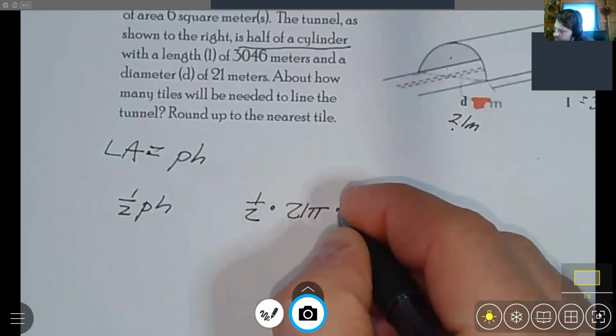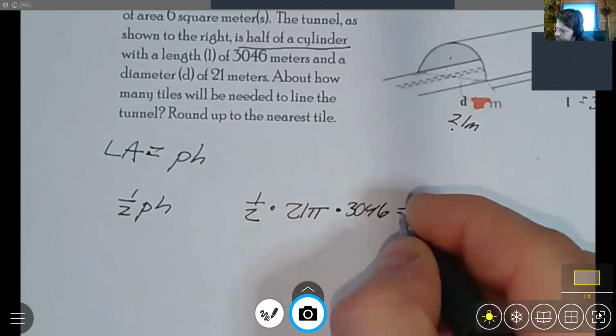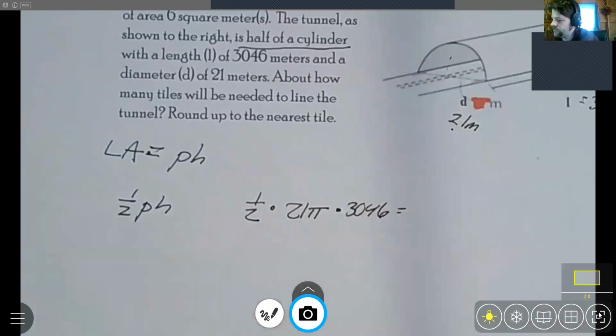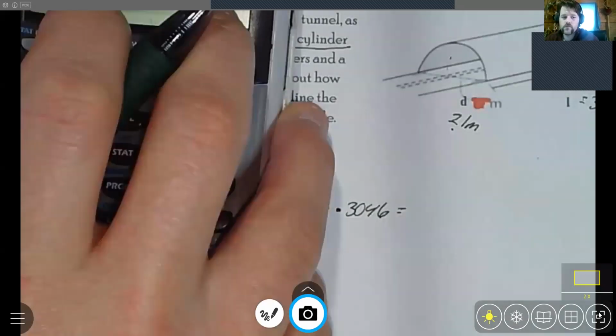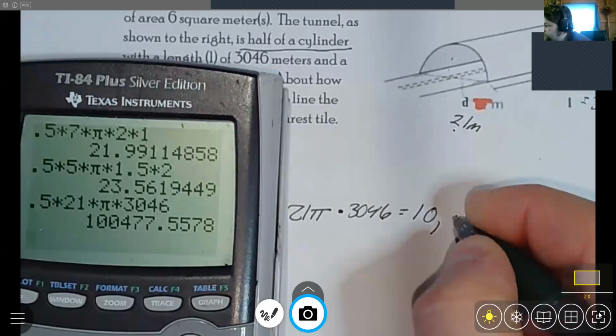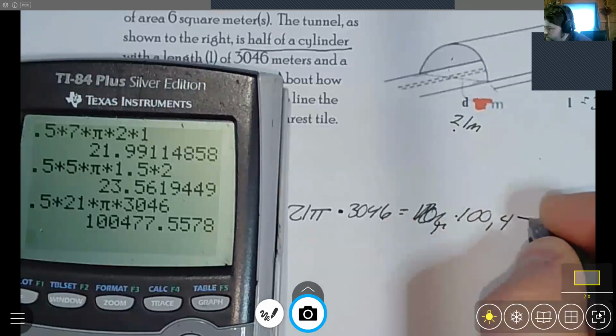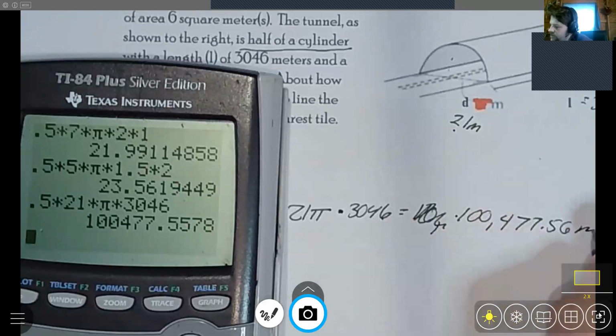And then the height is 3,046 meters. So 0.5 times 21 times pi times 3046. So that's going to give me a number, 100,477.56 square meters. So that's how much area I got to cover.